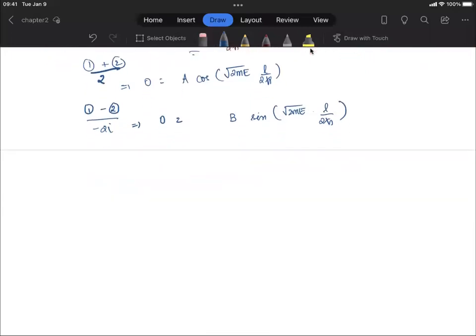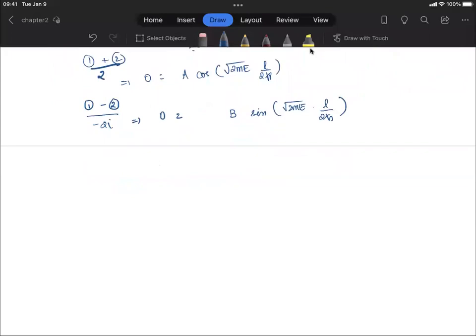So from these two equations, from this equation, either a is 0 or the cos term is 0. From this equation, either b is 0 or the sine term is 0, right?